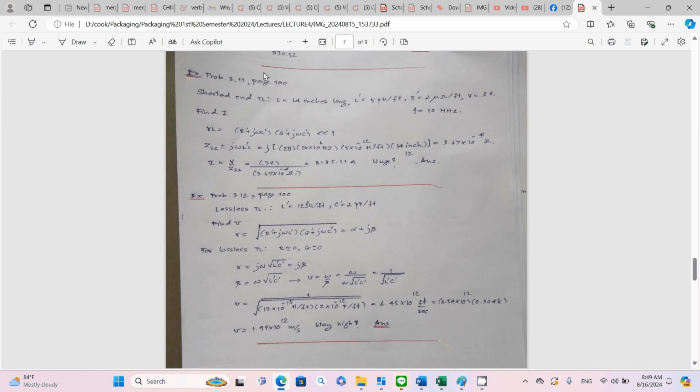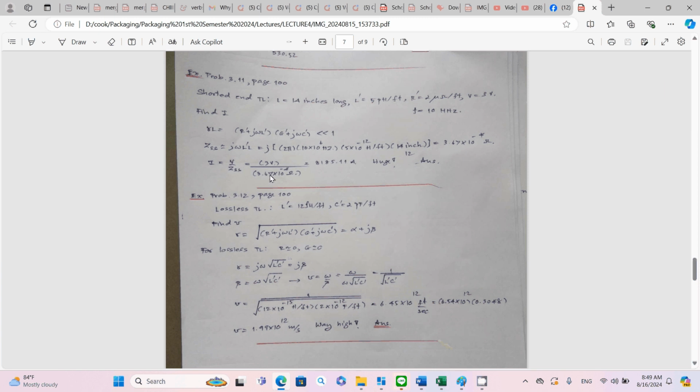For problem 3.11, page 100, talking about a shorted end transmission line, the length of the transmission line is given as 14 inches. As you define your current, because the voltage given is 3 volts, you are looking for the source impedance of a shorted end transmission line, and this is your shorted impedance, the source impedance, that's j omega L prime l.